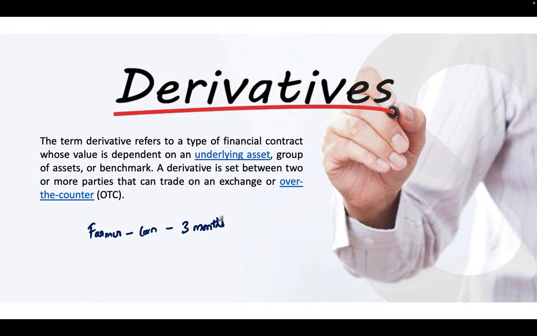But he is unsure about the price he will receive at that time. That is, after 3 months, what price is he going to receive? He is not sure about it.